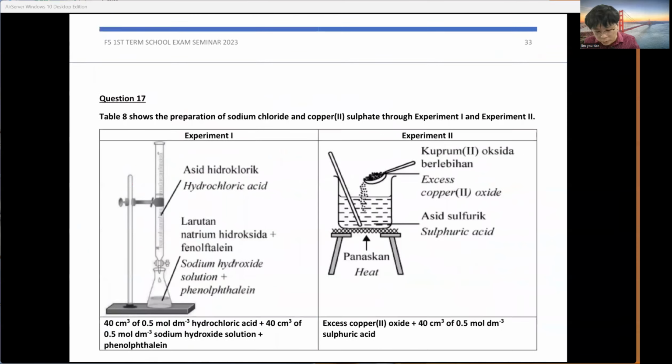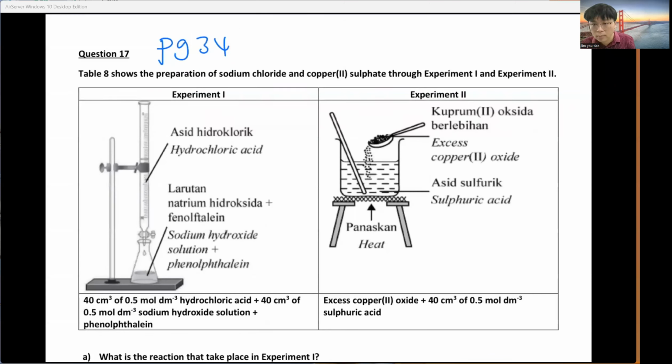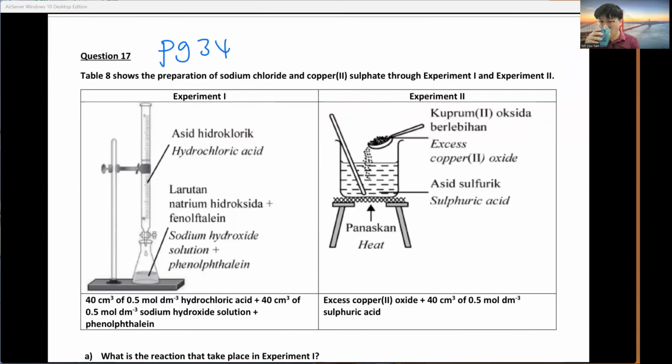So we'll go through the question, page 34. Now in your SPM, especially essay, as I told you, chapter 6 is one of the potential essays coming out in question 11 this year.